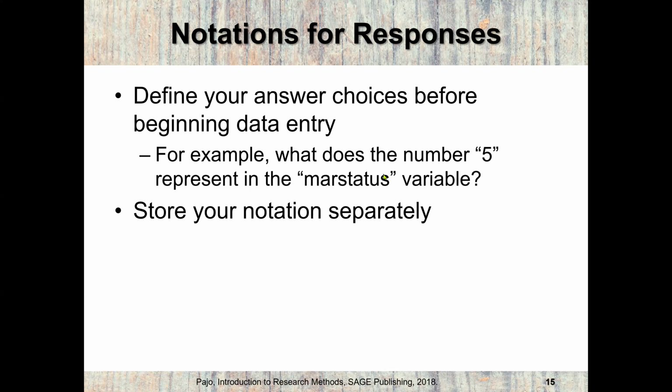Also, we need to store our notations separately. In a database system, we have something we call metadata. Metadata means data about the data. Normally that information is about how the data is organized in our database system, like the names of the columns, their data types, their fields, etc.